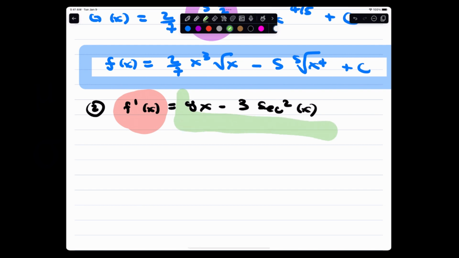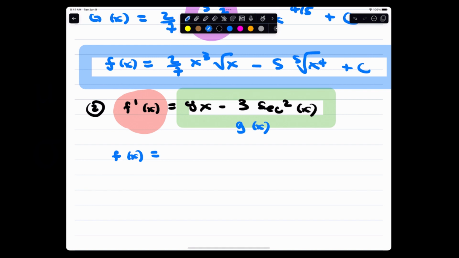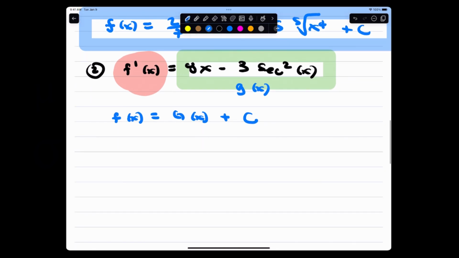Again, I'm going to use the colors. In the definition that I gave you, that's little g. F will be the antiderivative of g plus c. We'll use that notation. There's your solution. You just have to know antiderivatives.